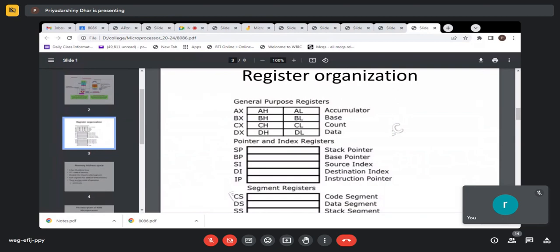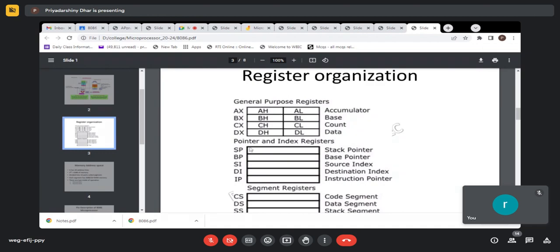For the 8086 microprocessor, we have 4 general purpose registers: AX, BX, CX, DX. I have already explained: A indicates the accumulator, B the base register, C is for counting purposes, and D is for holding the address of data.